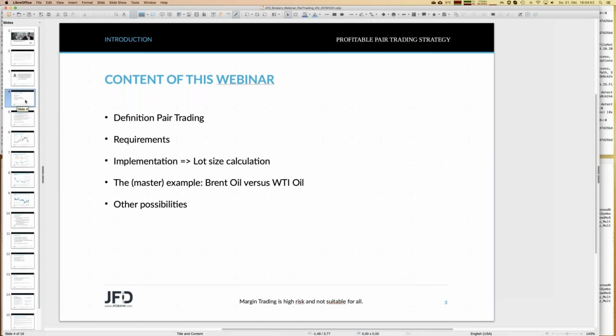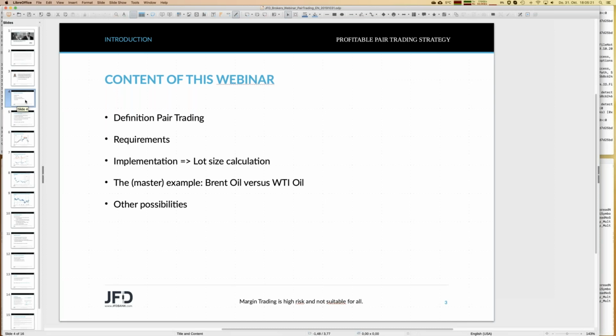And there's one not complicated step, but a very important step in doing any pair trading strategy, that is finding the right lot size, because we trade two symbols, but we have a specific logic behind, which is the overall trade should be market neutral.